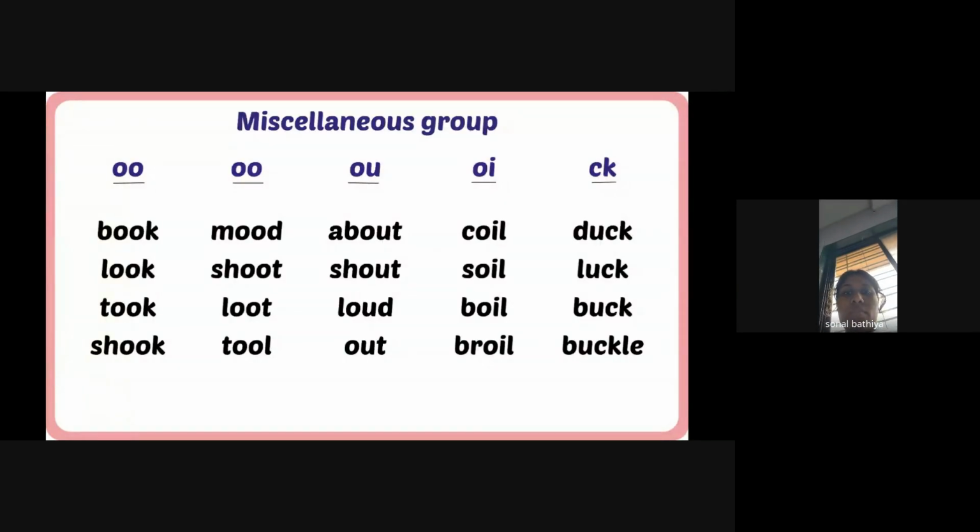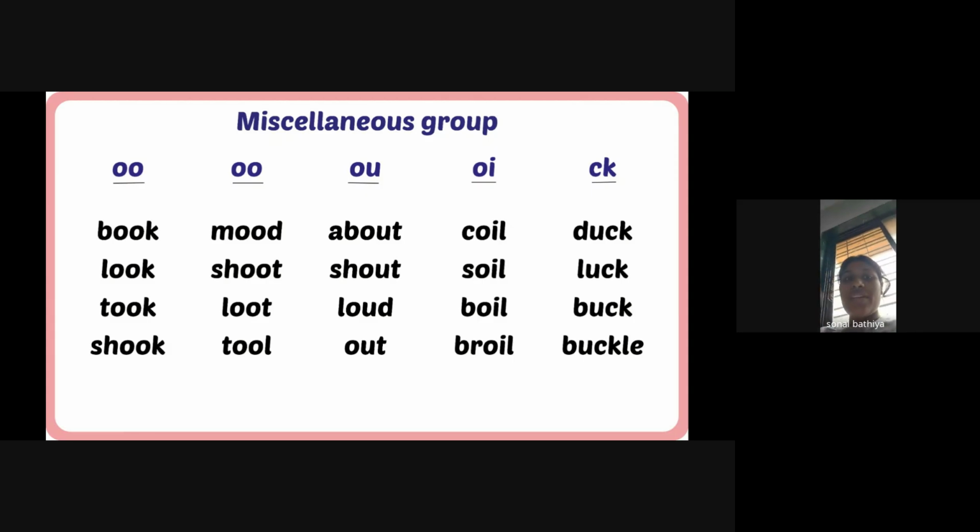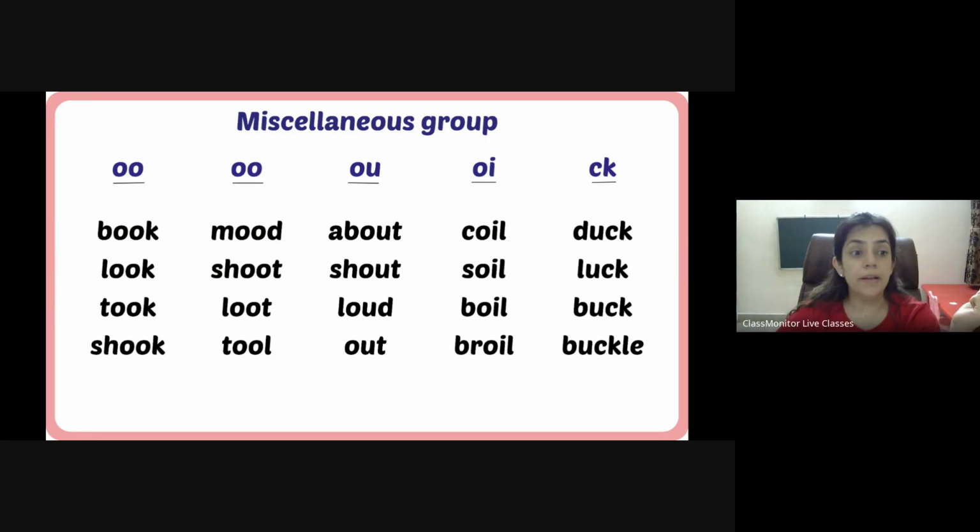I'll share the screen, darling. Is it like the previous words where you said now the short sound comes and the long sound? No, that's what I'm asking. Why do you call it book and not the other way? You call it mood. You did not read it as the other sound.